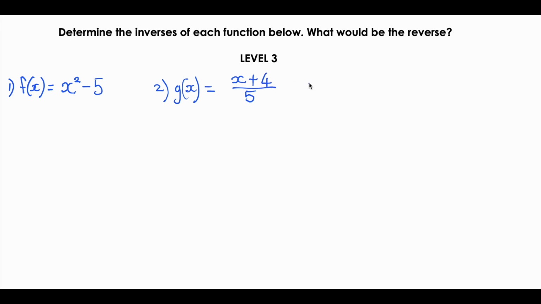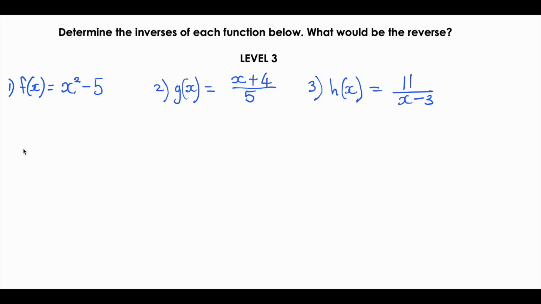And we have a third one, h of x is equal to 11 over x minus 3. So we have three different functions here. As you can see, we have two in fraction form, and we also have one that involves a square.